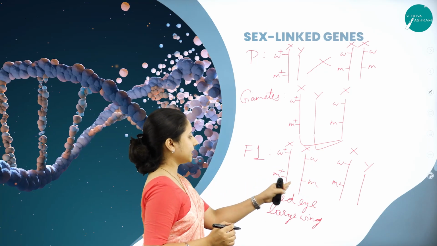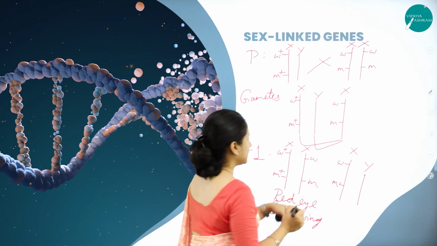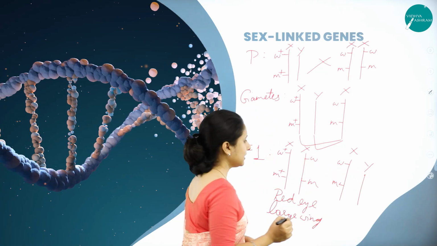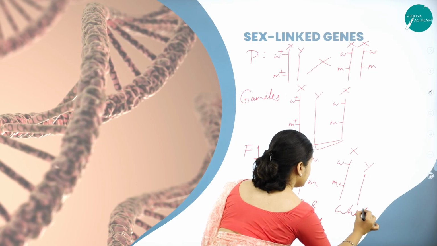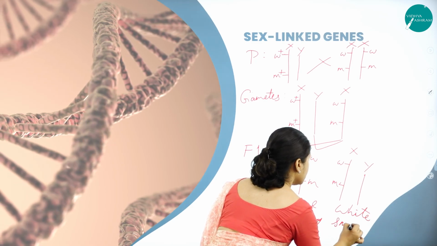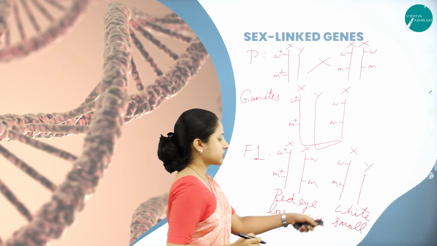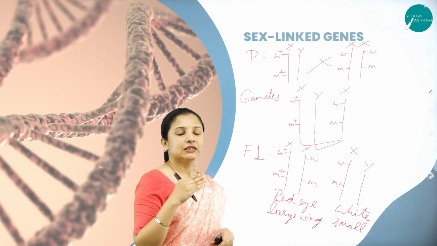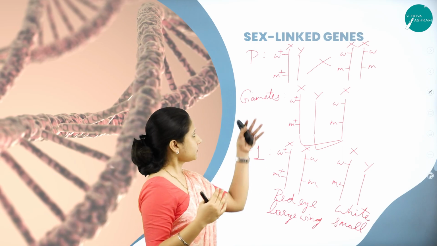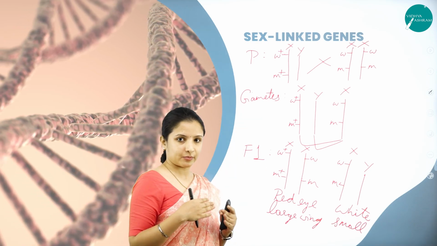That is why they are dominating, red eye and large wing in the female, whereas in the male, it will be white eye and small or miniature wing. White eye, small wing.